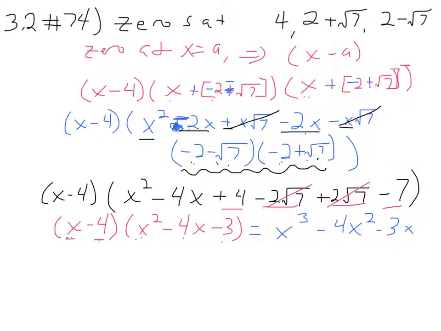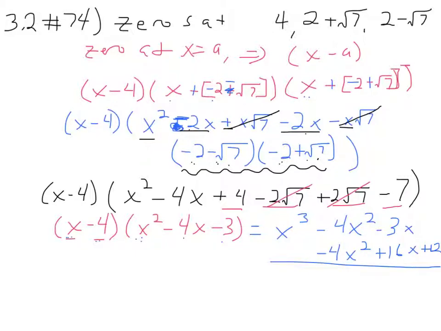Minus 4 times x squared is a minus 4x squared. I'm going to put that underneath my x squared. And 4 times 4 is 16. Minus times minus is a plus, so that's a plus 16x. And then minus 4 times minus 3, minus times a minus is a plus, 4 times 3 is 12.